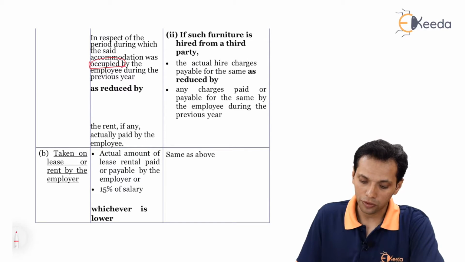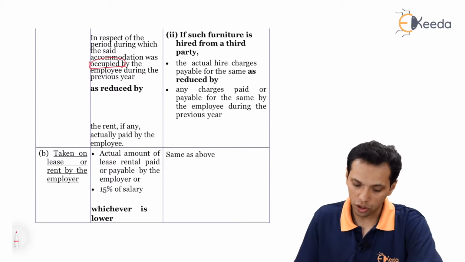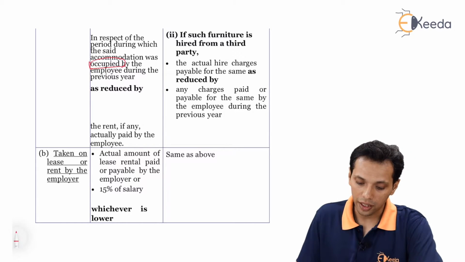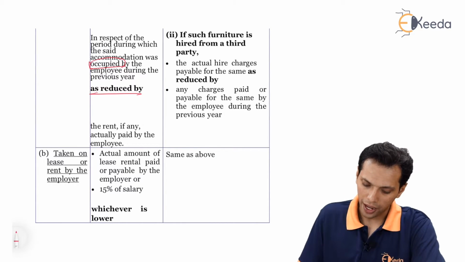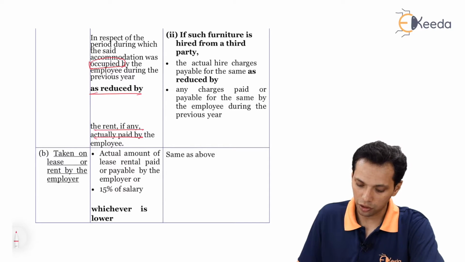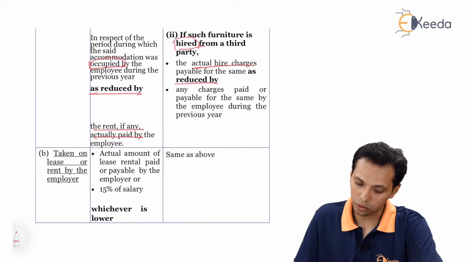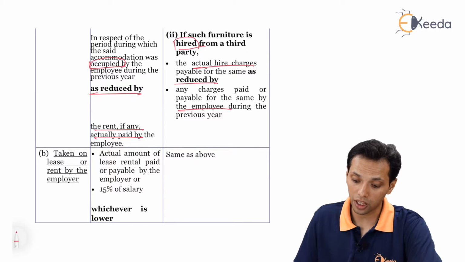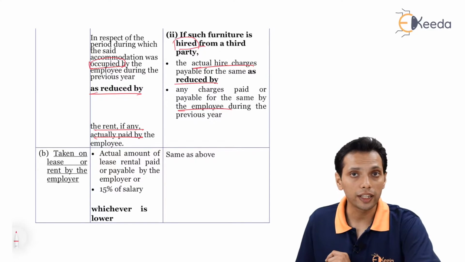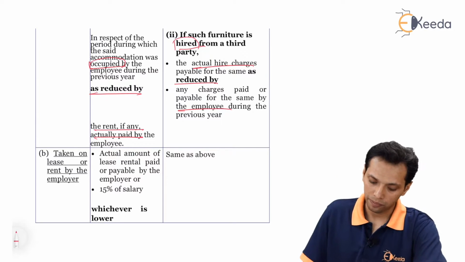So in respect of the period during which the said accommodation was occupied by the employee during the previous year, as reduced by the rent, if any, actually paid by the employee. If such furniture is hired, then the actual hire charges payable for the same, as reduced by any charges paid or payable for the same by the employee during the previous year.